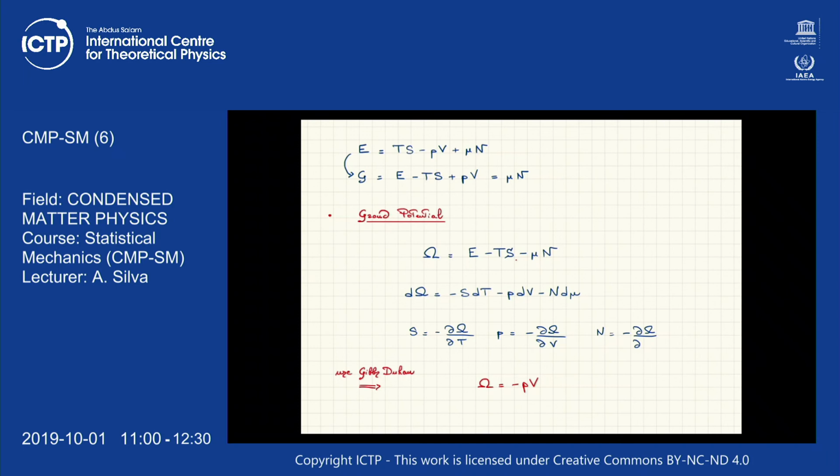But energy is an extensive quantity which is not coupled with anything. So is there any conjugate variable to energy, for example in the grand potential? Is there any conjugate variable to energy?